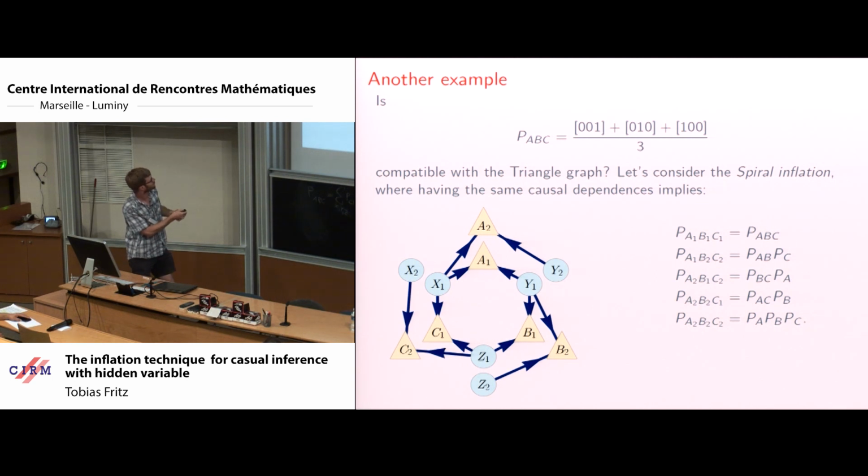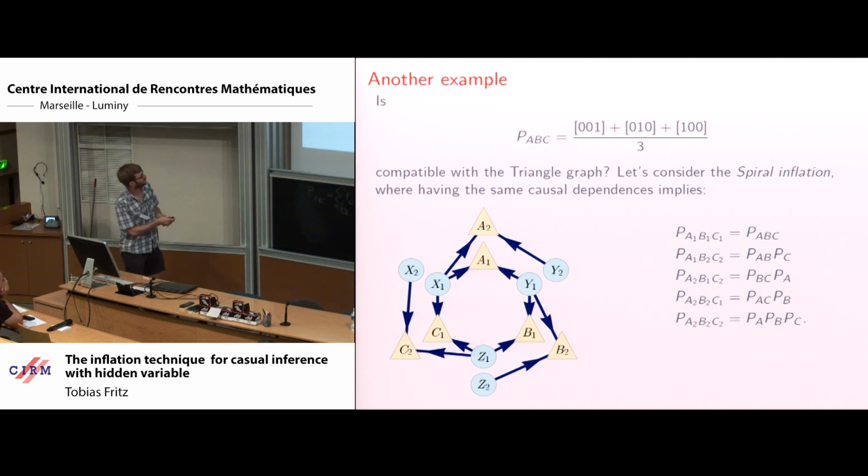So the A1, B2 part is kind of disjoint from the C2 part. Right? If you take their ancestors, look at their causal past, or everything that happened, if you follow the arrows backwards, you won't be able to reach any node that ends up both in C2 and in A1 or B2.